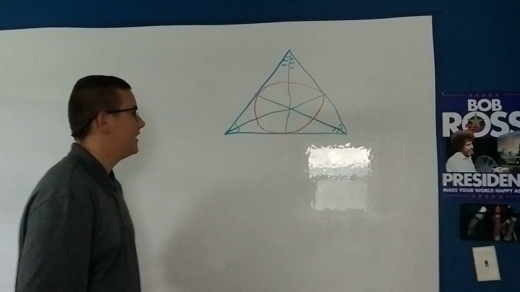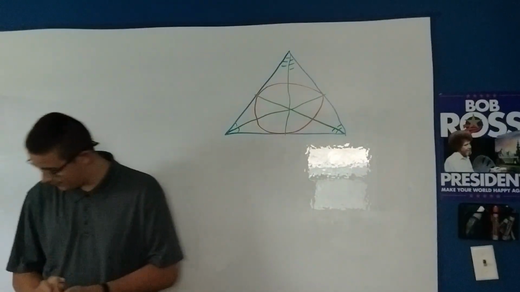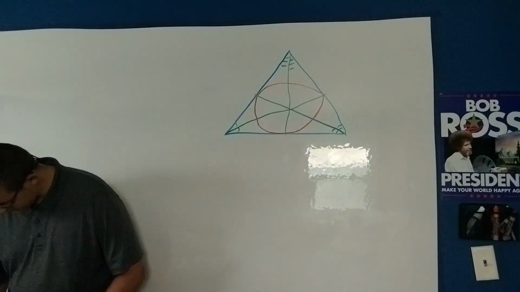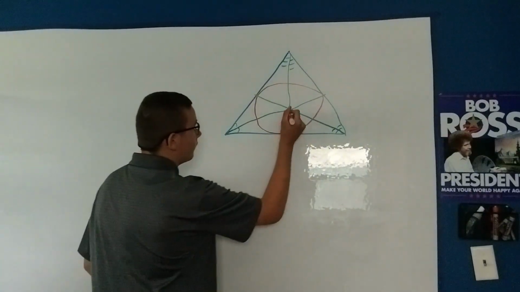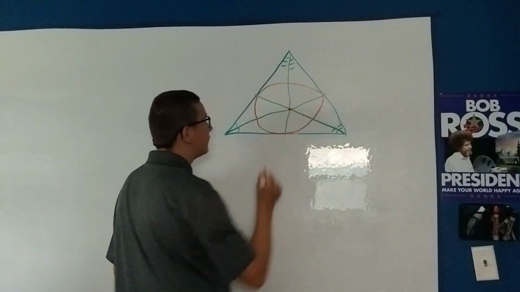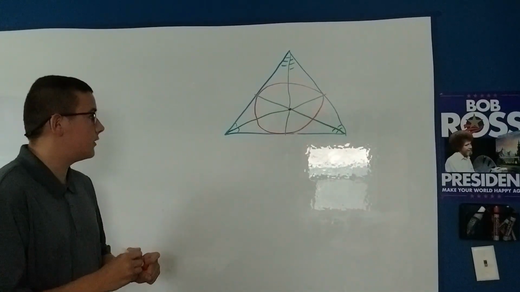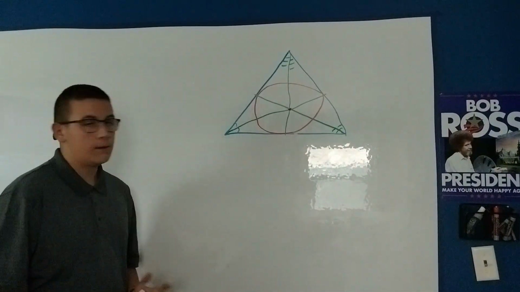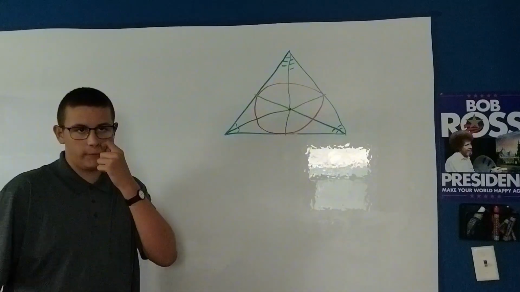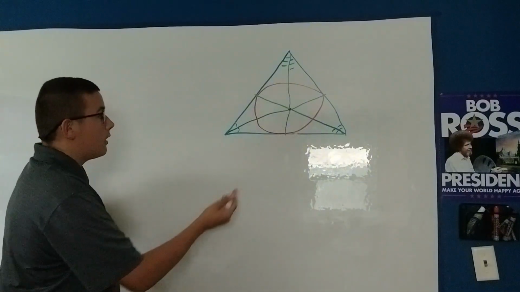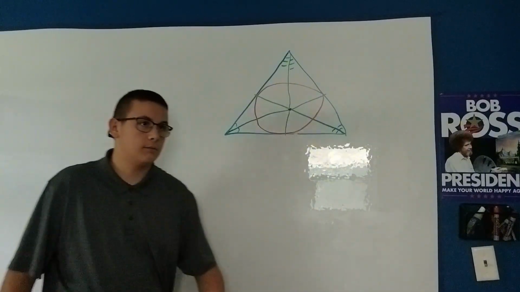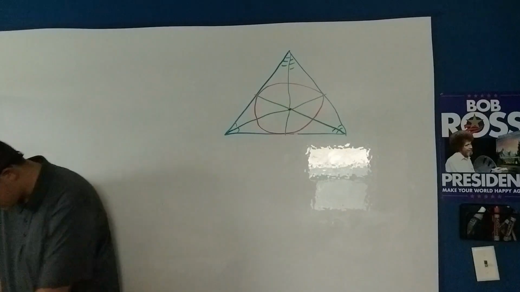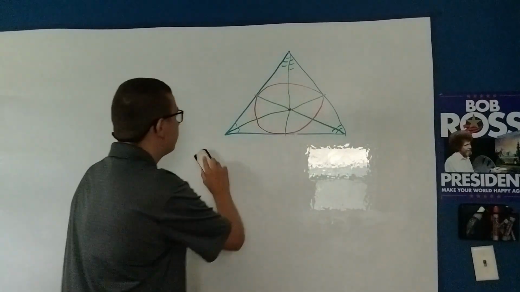That was drawn incorrectly, those definitely aren't congruent, but regardless, this point right here where they all intersect is going to be the center of your circle. And again, it's not perfect, but I'm doing it freehand. But that's how you find the incenter for an acute triangle.